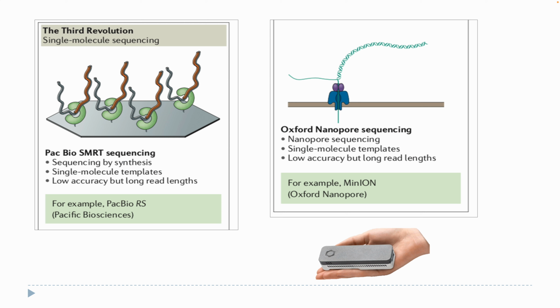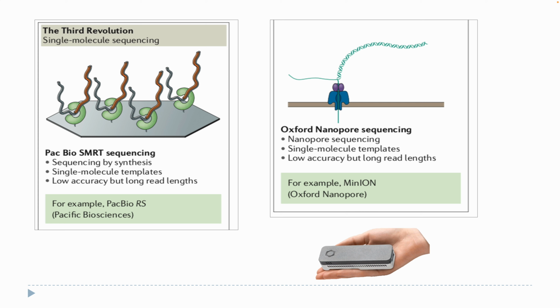And then a third revolution came along with the idea of single molecule sequencing. So instead of having to build little colonies of things, either in bacteria or on surfaces, you just took individual molecules and you sequenced them. One of these was PacBio, first of these really, a method of sequencing by synthesis with single molecule templates.